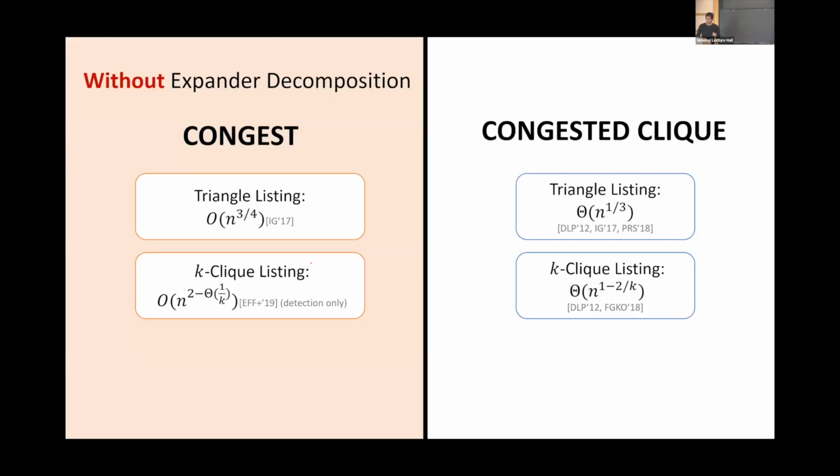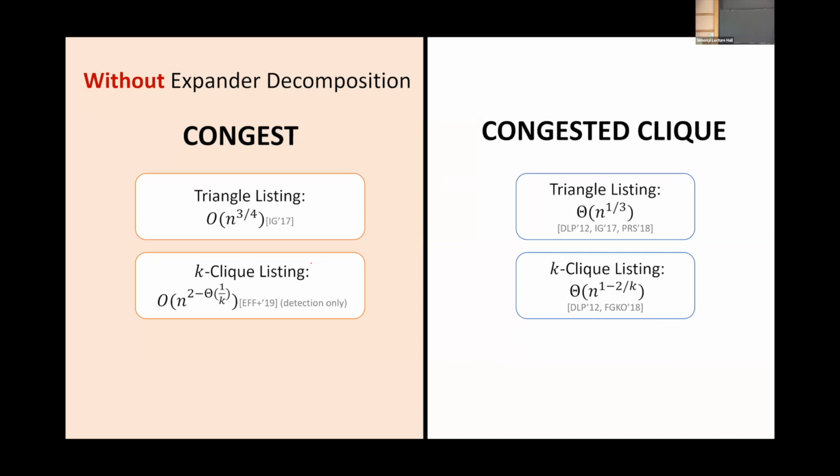Now you can ask, intuitively congested clique should be stronger, and that was the case. For example, in the problem called triangle listing, where you have a graph and you just want to list all the triangles in the graph, in the congested clique model people showed how to get an algorithm with n to the 1/3 rounds.